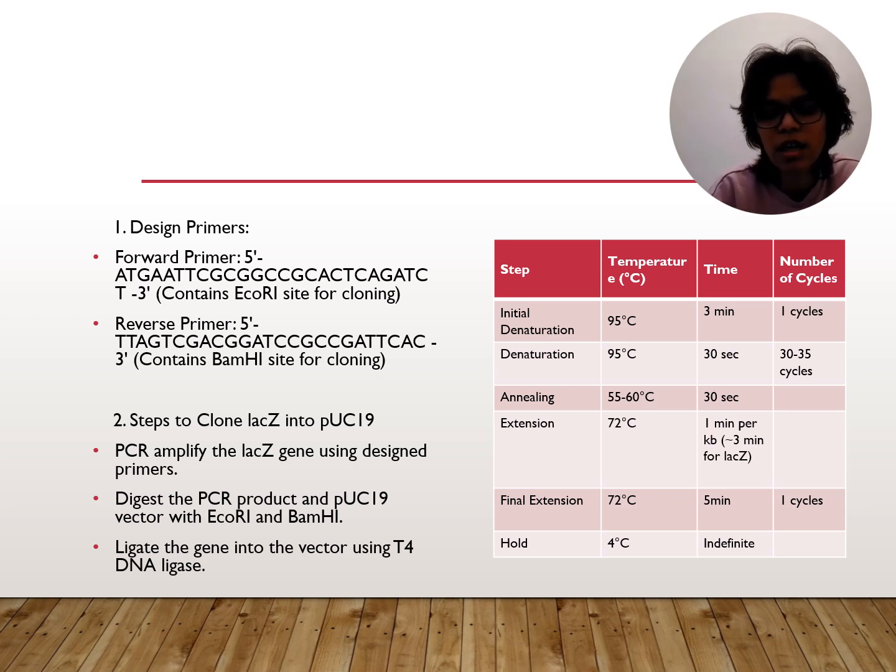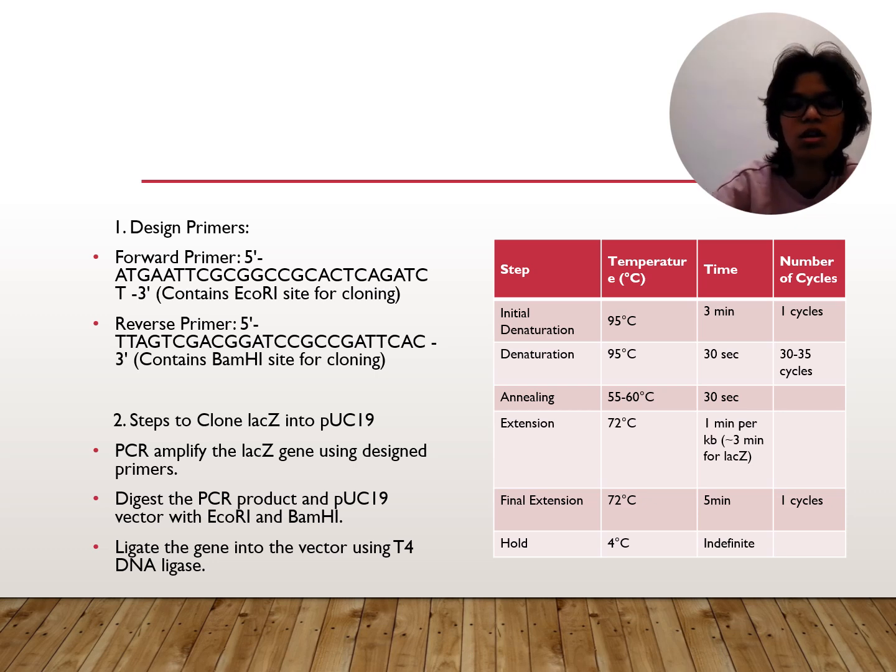The other step is to clone the lacZ gene into the pUC19. For PCR amplification of the lacZ gene, we design primers, and digest the PCR product and pUC19 vector with two restriction enzymes, EcoRI and BamHI, then ligate the gene into the vector using T4 DNA ligase.